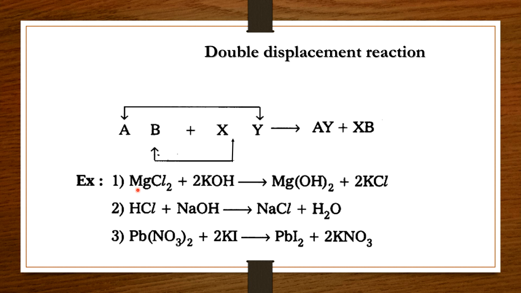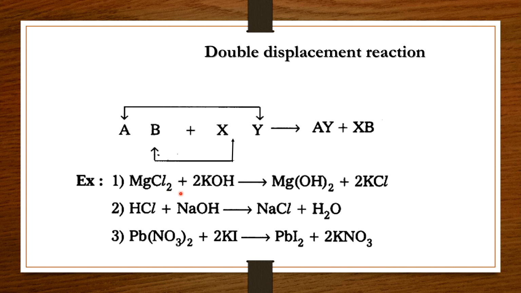For example, magnesium chloride plus potassium hydroxide. Okay, this is plus and this is minus. K plus, and OH, the hydroxyl group, is minus. So this Mg combines with the OH hydroxyl group, forms Mg(OH)2, magnesium hydroxide, plus potassium chloride.